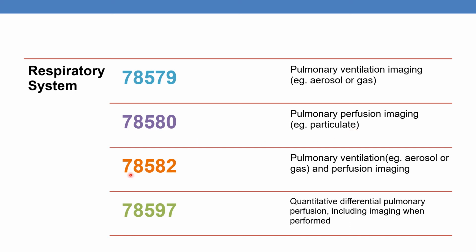And the next is 78582, pulmonary ventilation, example aerosol or gas, and perfusion imaging. 78597. The description is quantitative differential pulmonary perfusion, including imaging when performed.